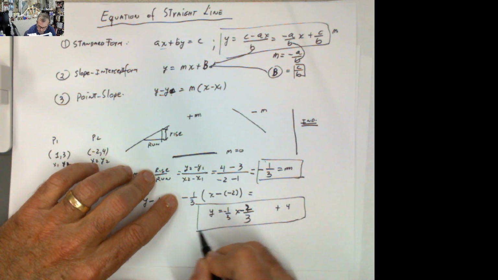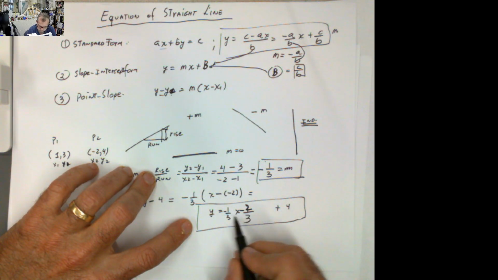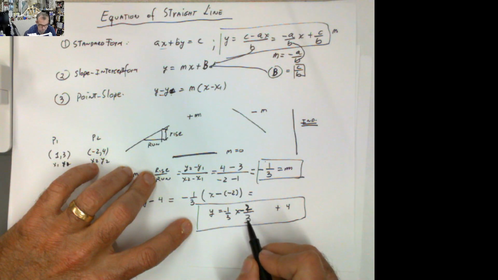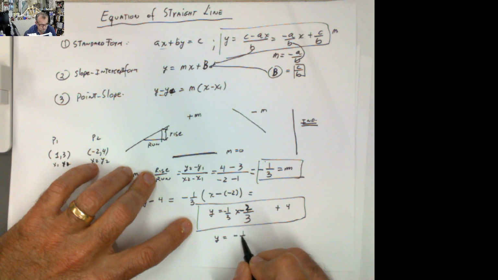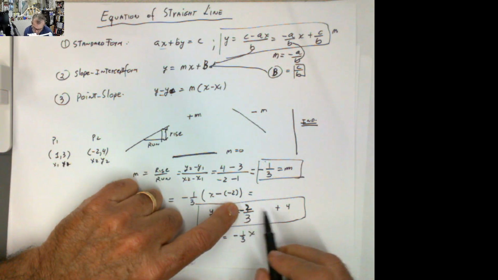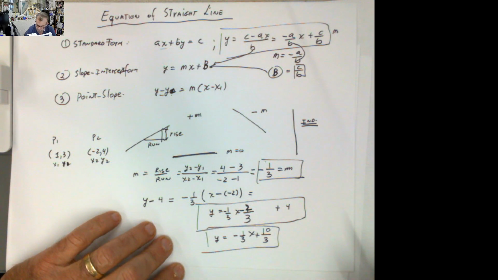And that will be the equation plus 4. And then, of course, I have to solve for this part, 4 minus 2/3, and then you can say that y is going to be equal to -1/3 of x, and then this is what? This is 12/3, 10/3, plus 10/3. And that will be the equation of the straight line.